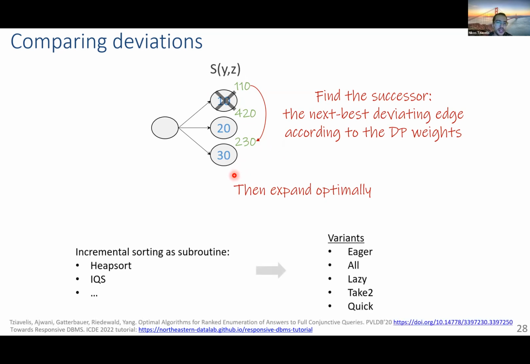Now, to find the successor, there are many ways you can do it. You can do it with what we said in the beginning, with incremental quicksort, and there are some other variants. We explored some of these variants in an earlier paper. But here, let's assume that the successor is known, that you can find it efficiently.